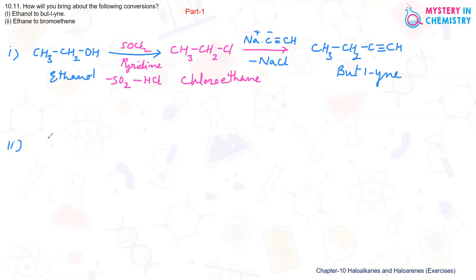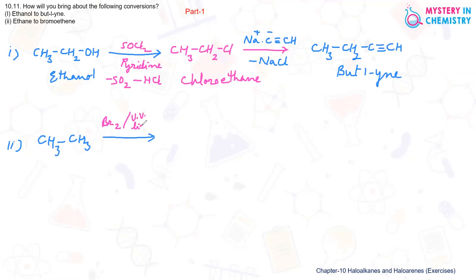So ethane here, that means CH3CH3. This compound is used and it should be converted to bromoethene. So first of all, it should be treated with bromine. That means bromination we are doing, but this bromination should be in presence of UV light, or it can be heated also.